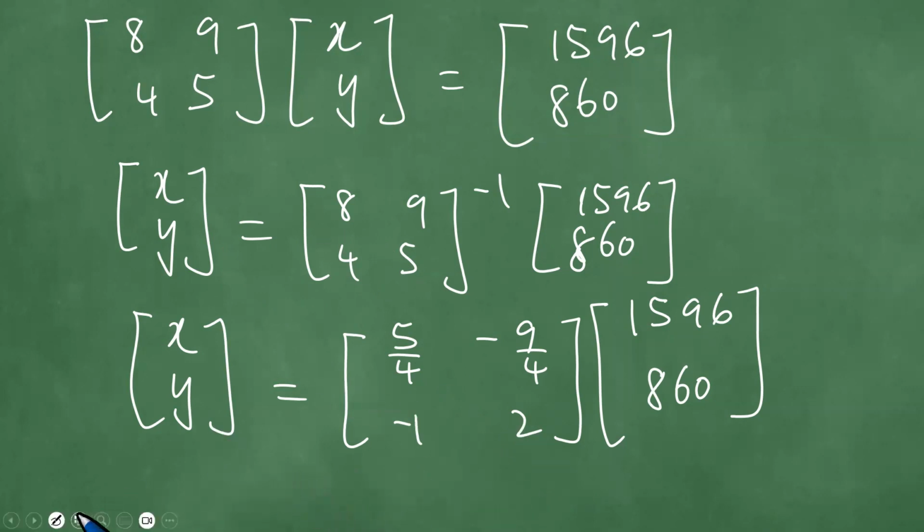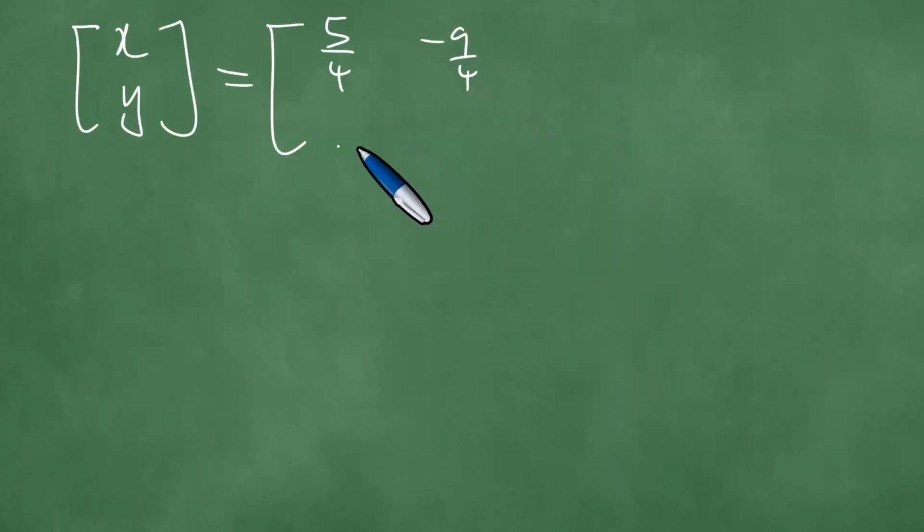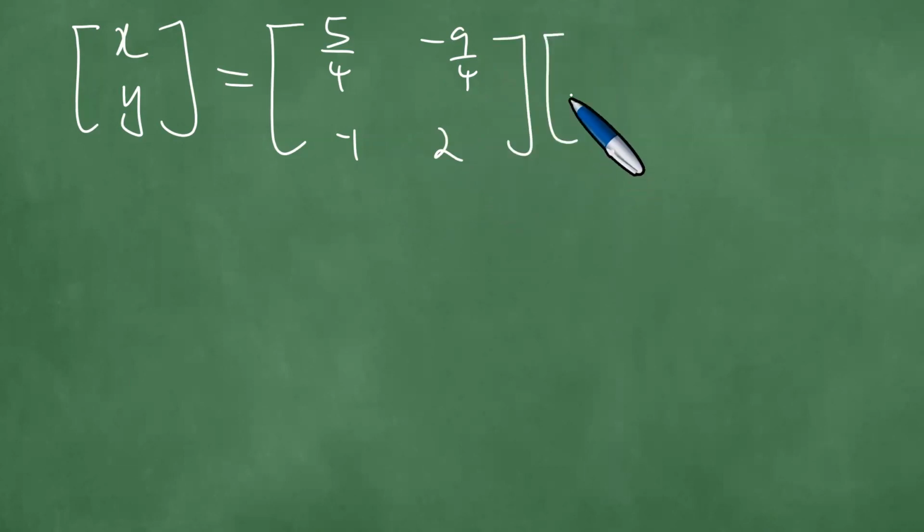But at this point, having, for example, the xy multiplied by the matrix inverse, we just got 5 out of 4, minus 9 out of 4, minus 1 together with 2, multiplied with 1596, 860.